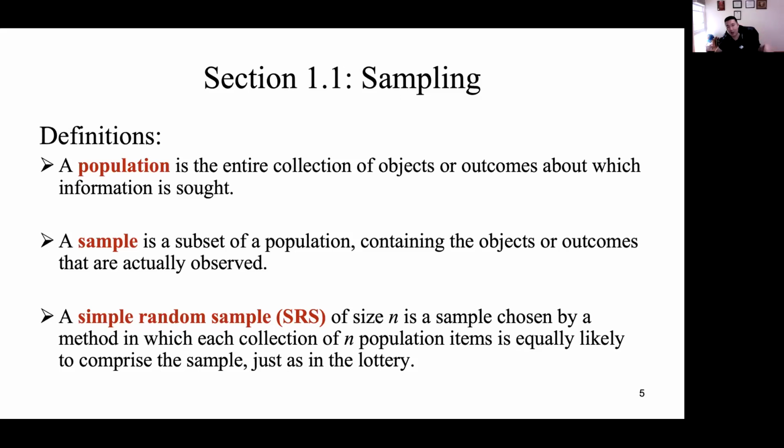We rotate the drum, mix it, and draw 5 tickets. Each of these 10,000 tickets is equally likely to be chosen in the 5 picks. We try to do that for our sample as much as possible, and we call this sampling method a simple random sample.